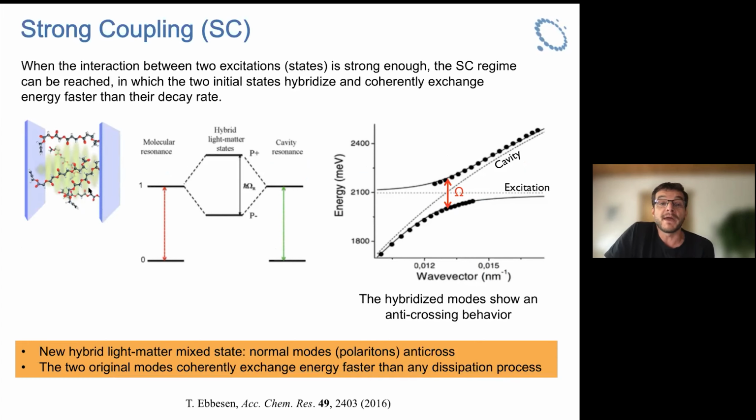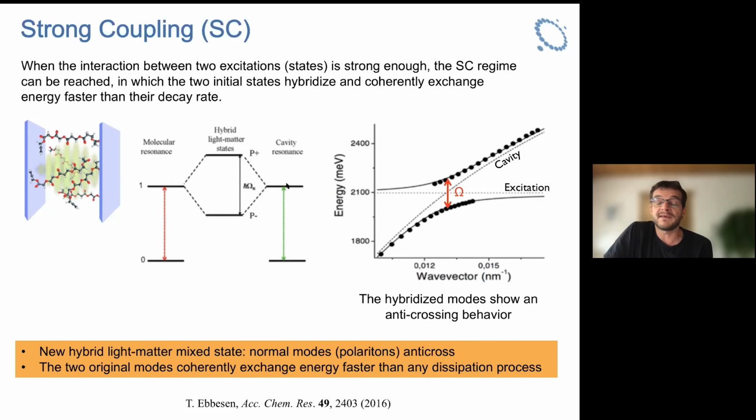And if one manages to match the molecular resonance with the cavity resonance here, and in case the initial states exchange energy coherently faster than the decay rate, then new eigenmodes appear, hybrid modes appear, and we get bonding and anti-bonding modes if we have exactly the matching between the molecular resonance and the cavity resonance.